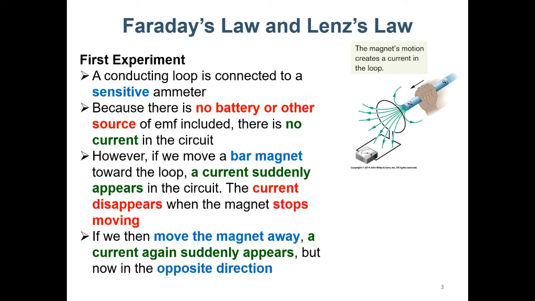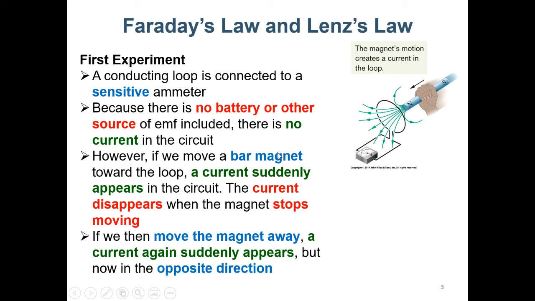Because there is no battery or other source of EMF, there is no current in the circuit. There should be no potential difference between any two points of the loop, and there shouldn't be any current.